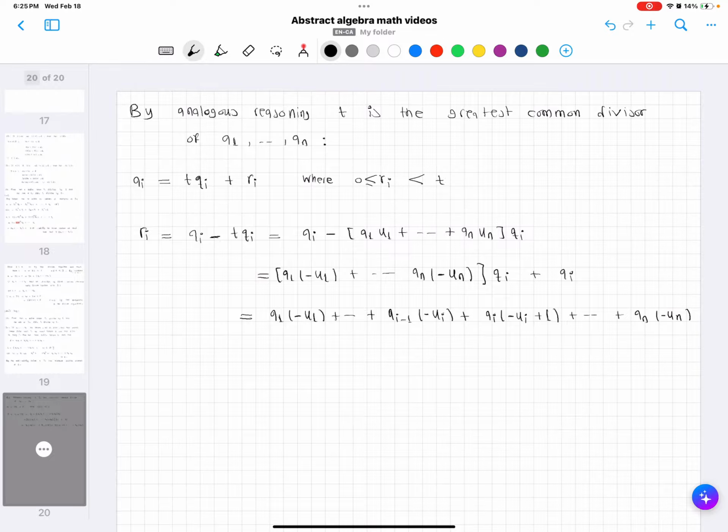So then ri is a linear combination of the ai.